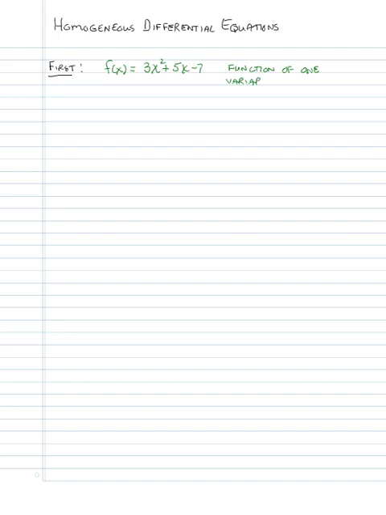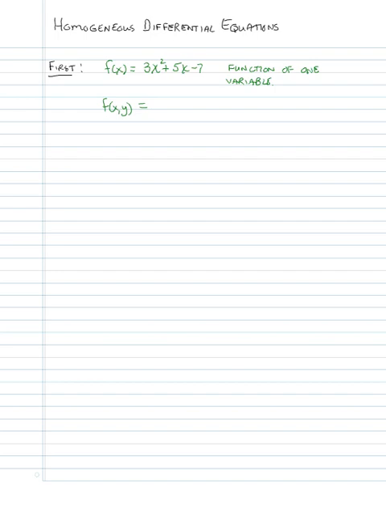Now, here we need to introduce a concept of having a function of two variables. And actually, in Calculus 3, we deal with functions of two variables or three variables frequently, but this is something new to us in calculus at this point.